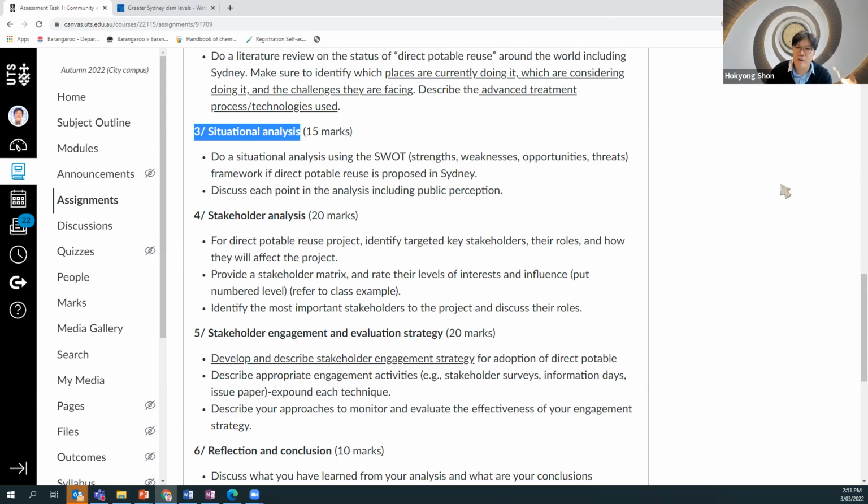So they are all related to this kind of stakeholders and roles, and how they will affect the project. Provide a stakeholder matrix and rate their levels of interest and influence. Put a numbered level and identify the most important stakeholders to the project, and then discuss their roles.